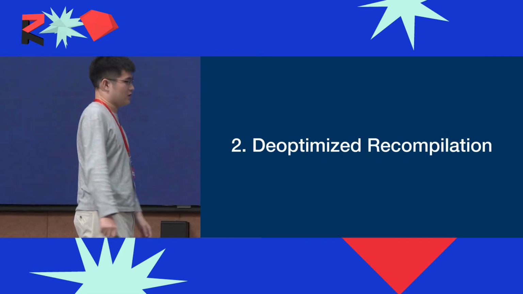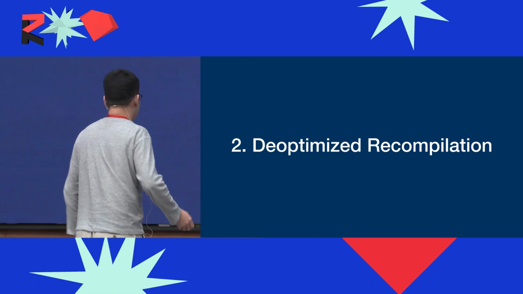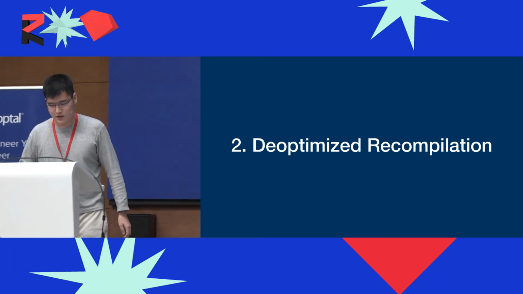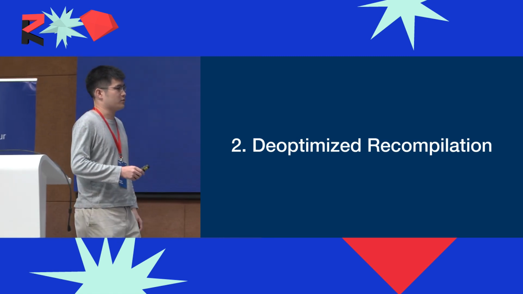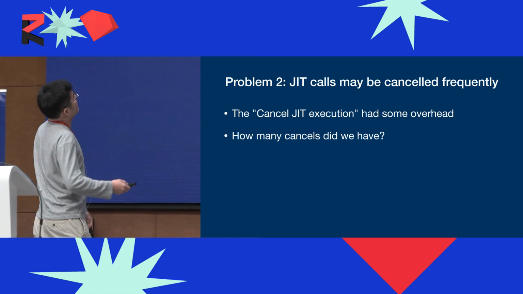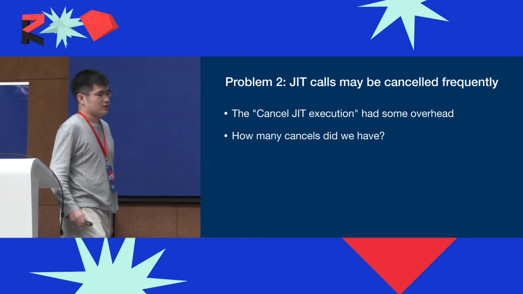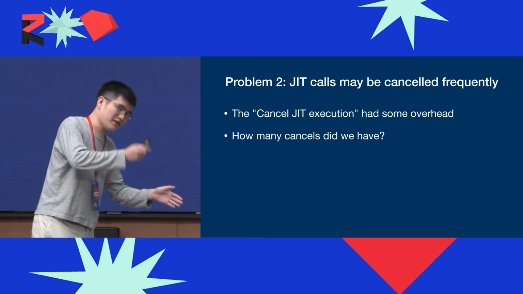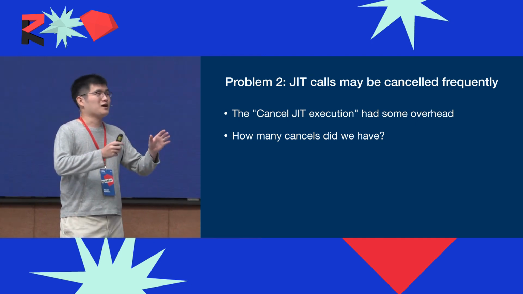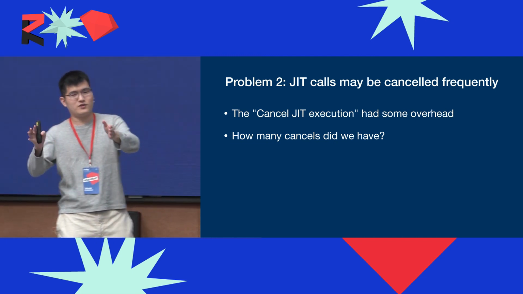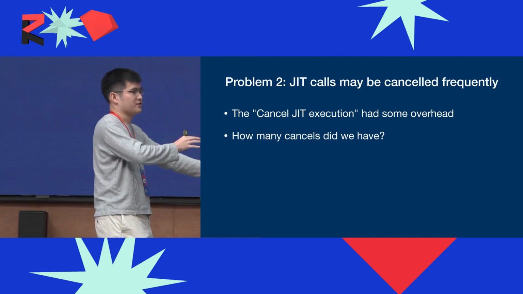The second one is called deoptimized recompilation. I showed that as a log of --jit-verbose=1 as JIT recompile. JIT speculates a lot of things, like integer plus is not redefined, or this method is not redefined, from the JIT compilation.